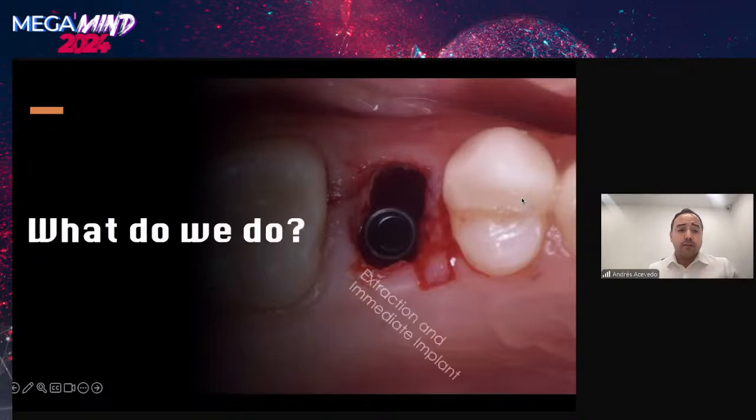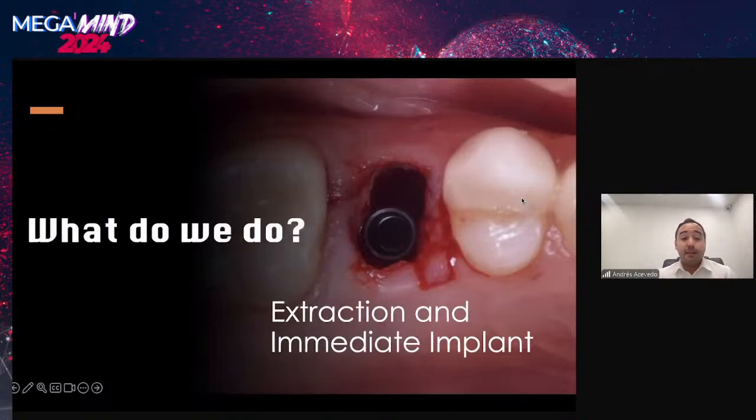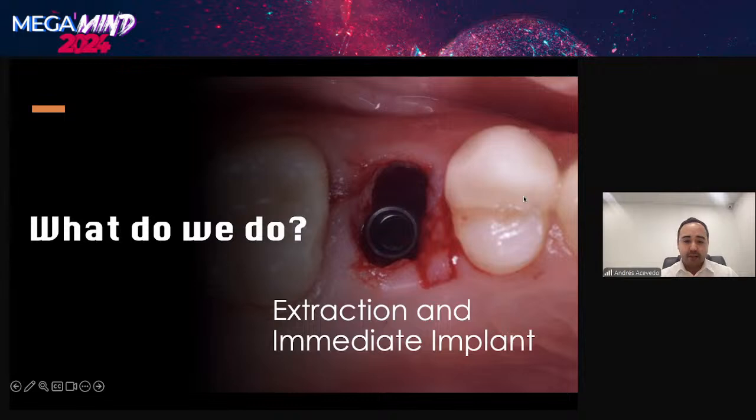This really is a problem for people. So, what do we do? The immediate placement of a dental implant is a predictable treatment. Many clinicians focus their attention on the aesthetic anterior area, but we know the importance of properly treating the posterior area. It has always been a particular challenge given the anatomical complexity and functional demands of this zone.